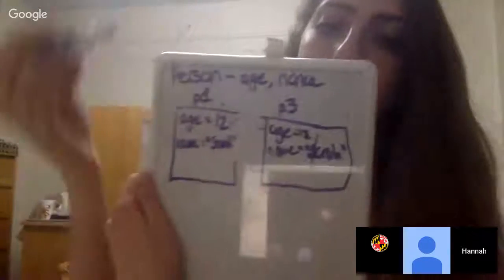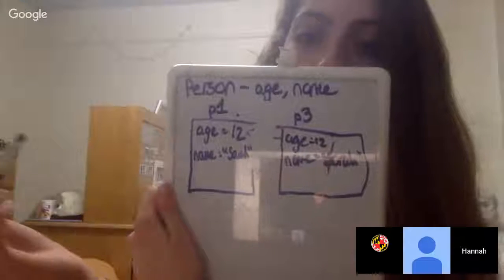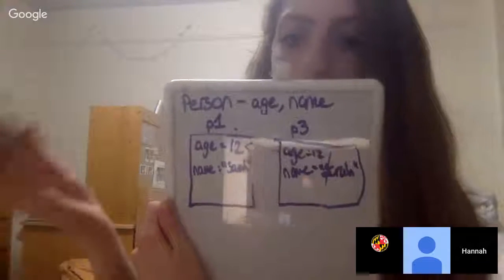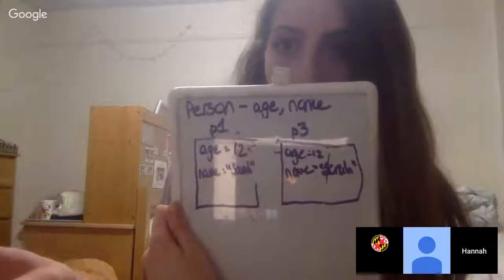So P3 will have an age and a name that is equal to P1's, but it's not going to point to it. So if we change P1's name or age, it's not going to affect P3's name or age. So that is just conceptually what a copy constructor does.